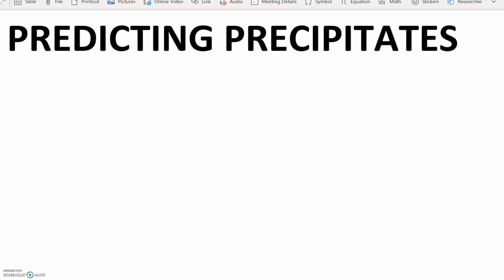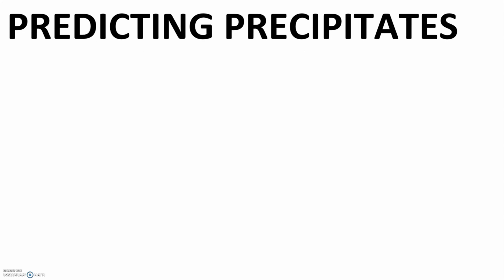All right, so what are we going to do with this information about precipitating? In other words, how can we tell if we have, let's say we know that something like silver and chlorine produce a precipitate.